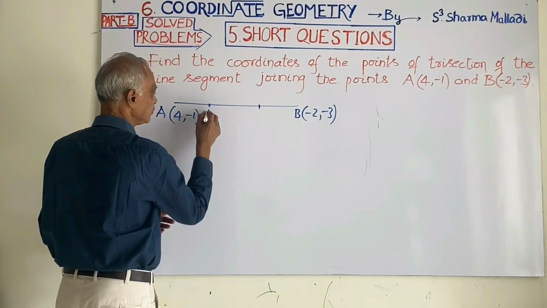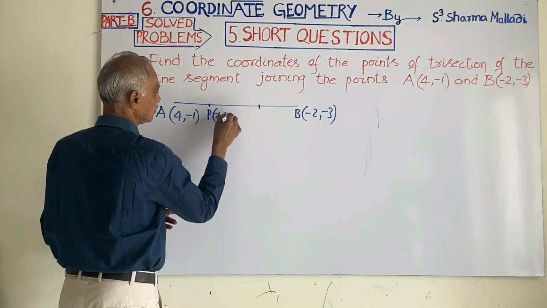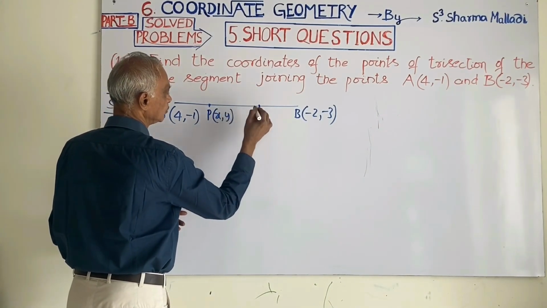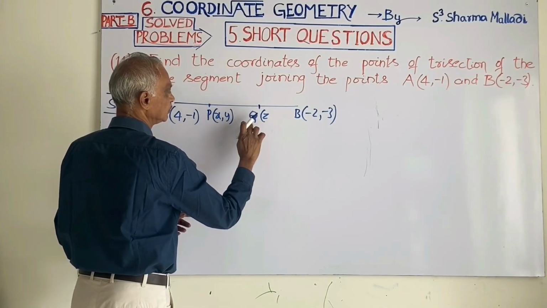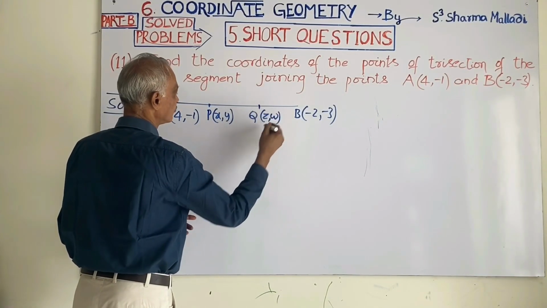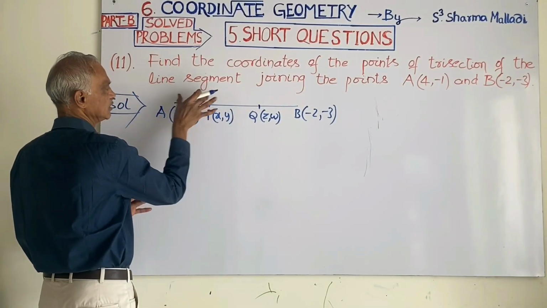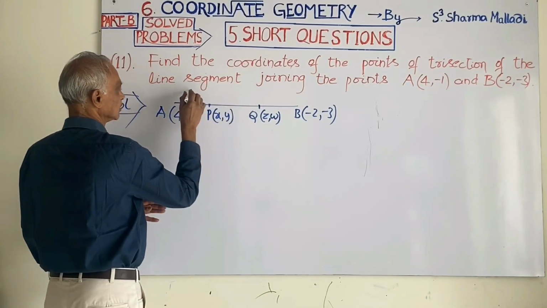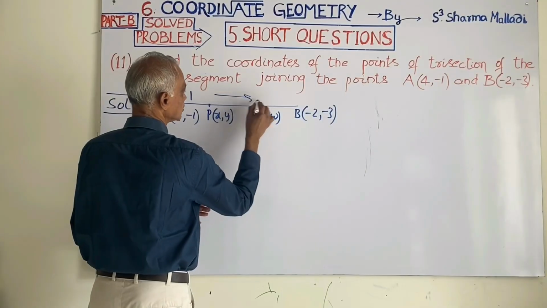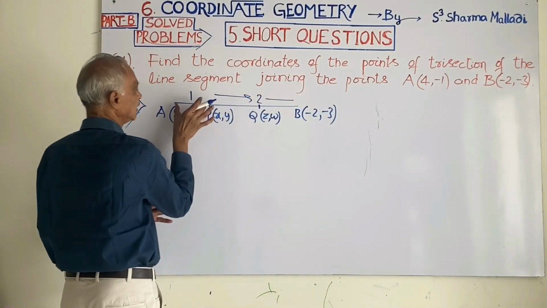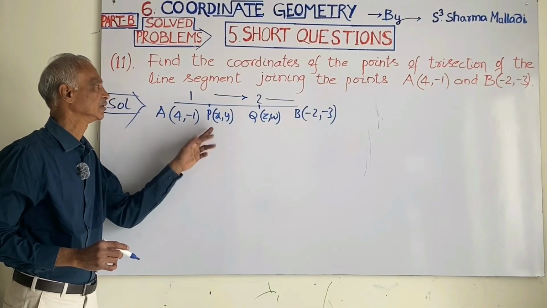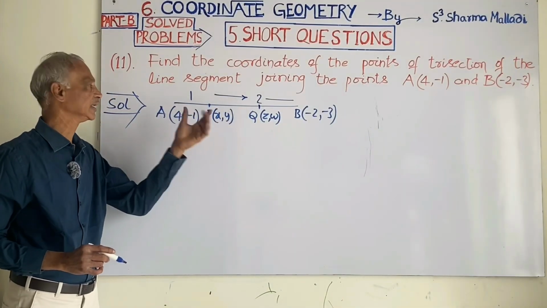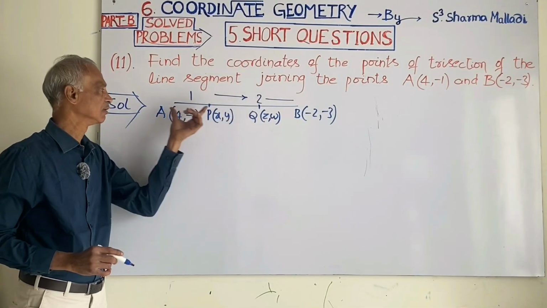We have to find P(x, y) and Q(z, w). This is 1:1:1, so this part will be 1 and the rest will be 2. Before finding this point, this line is divided in the ratio 1:2.